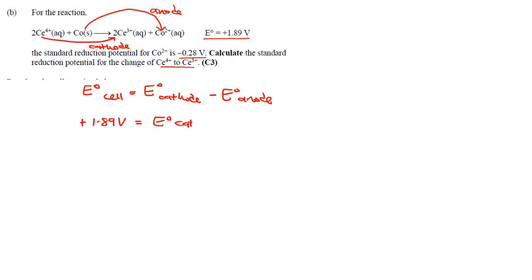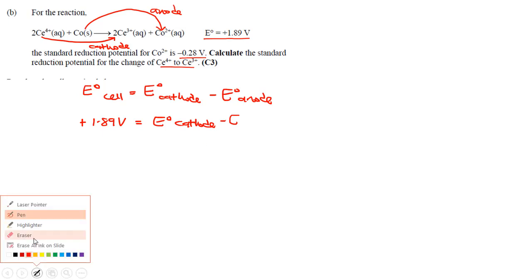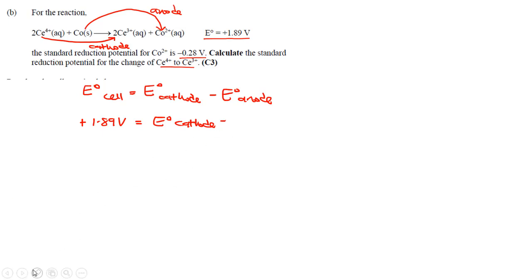Okay, E naught cathode minus, untuk E naught anode the value is negative 0.28. Okay, and the E naught cathode you should get as positive 1.61 volt.